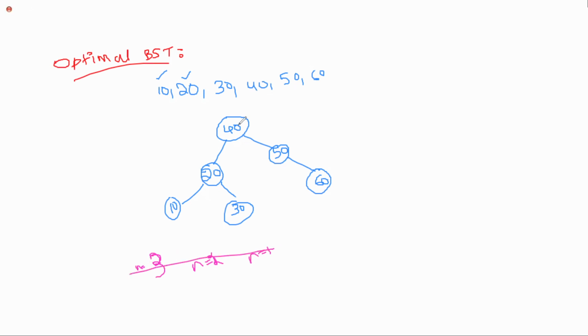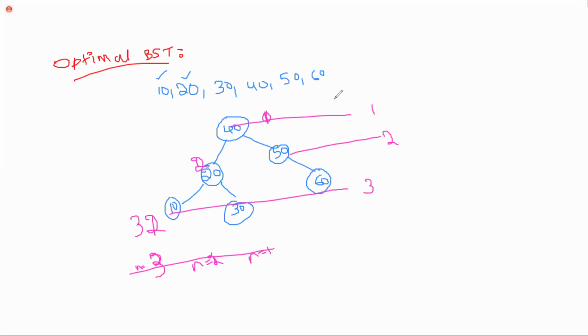Suppose if you consider the root node as 0, it will take only 1, it is 2. If you take root node as 1, it is 2 and it is 3. That depends on your program. So if you observe this, for successful search this is level 1, level 2, level 3. All these are level 3. For successful search, the maximum searching time is equal to the level of the given tree.